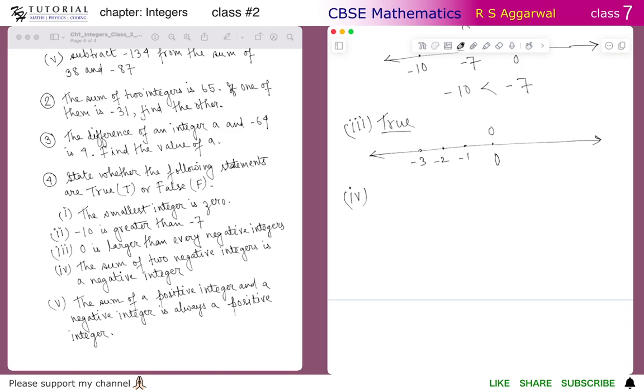4. The sum of two negative integers is a negative integer. This is true.